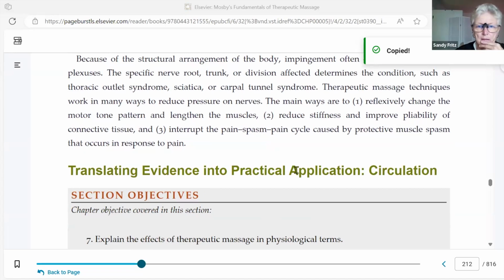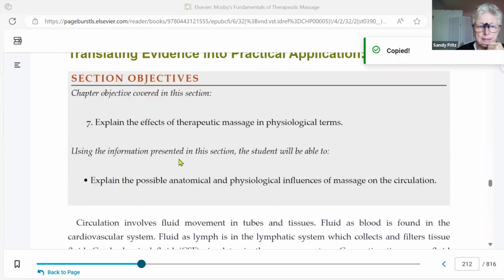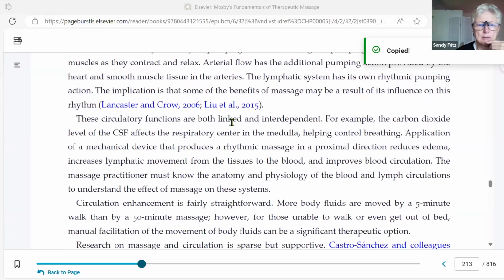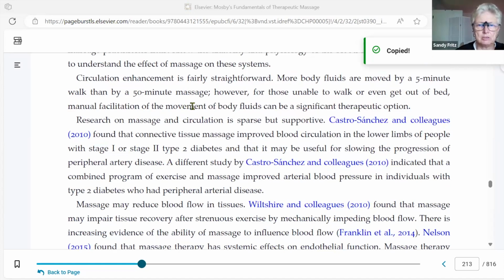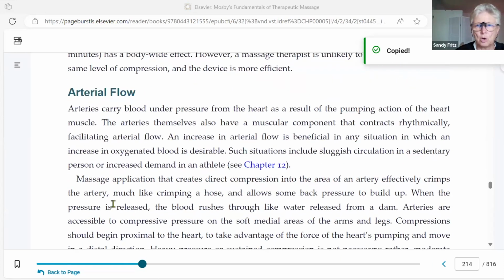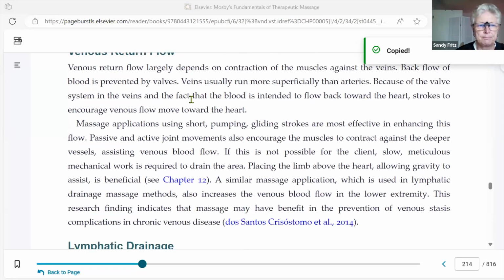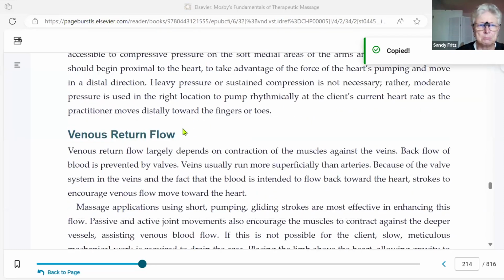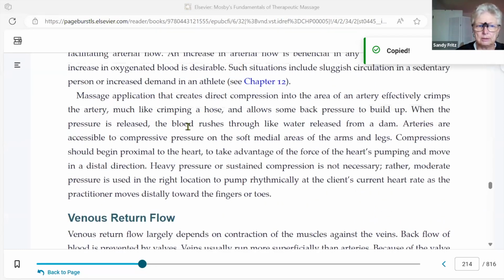Here is our segment on circulation. Again, it talks about it in general, looks at some research, and gives you an overview of the anatomy and physiology that is being targeted. If you're going to move fluid, you need to be on the tubes where the fluid is at, for example.